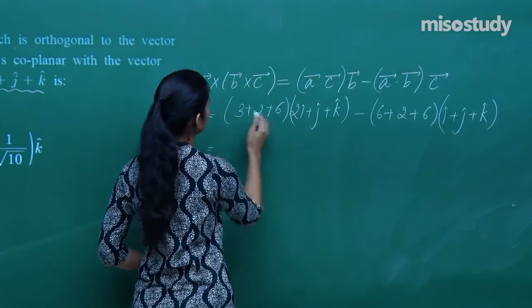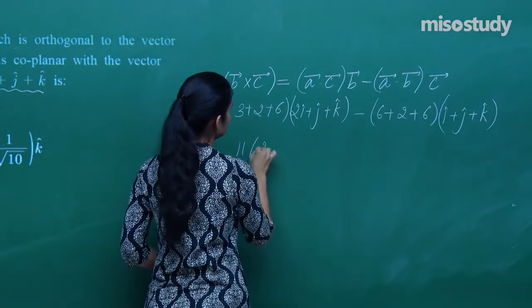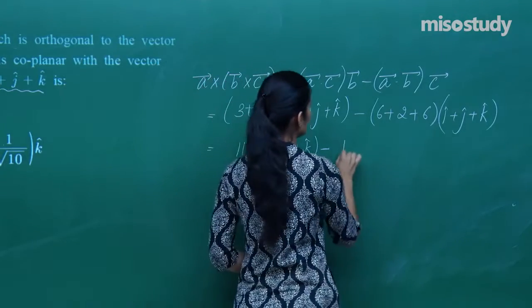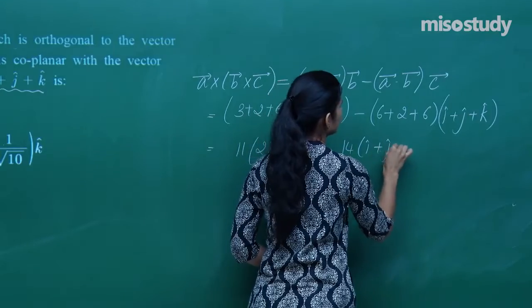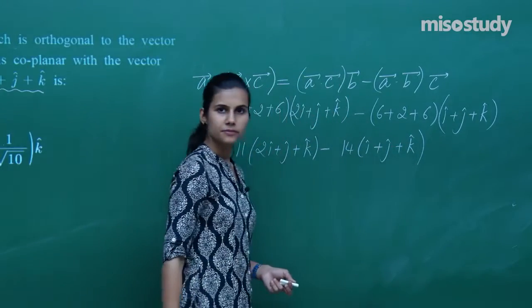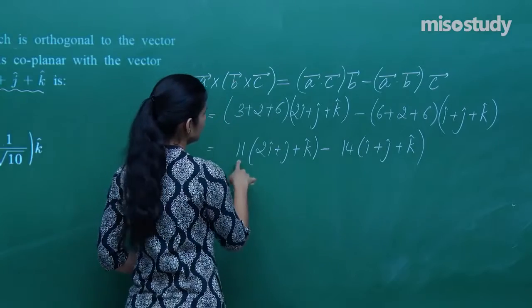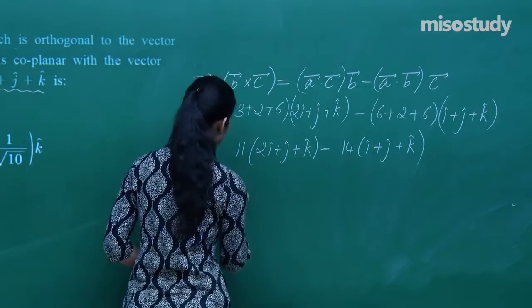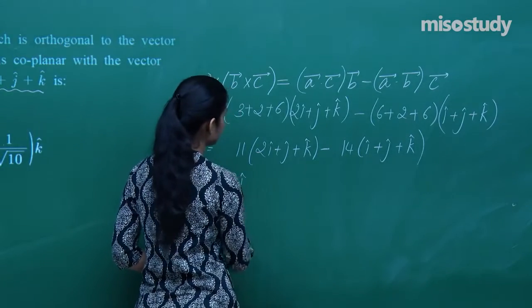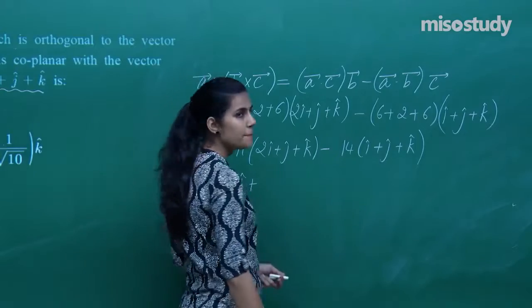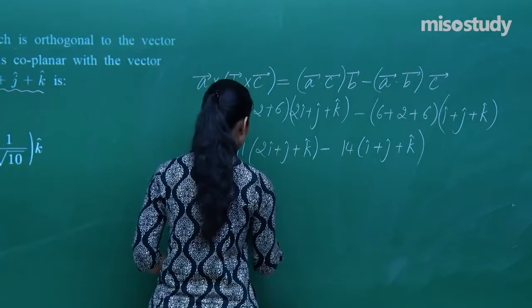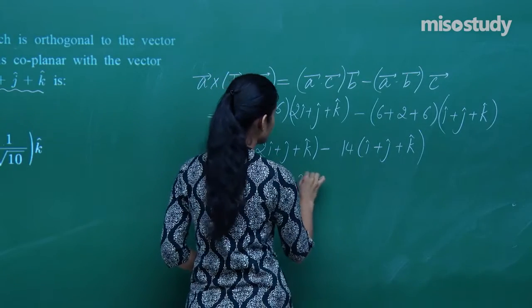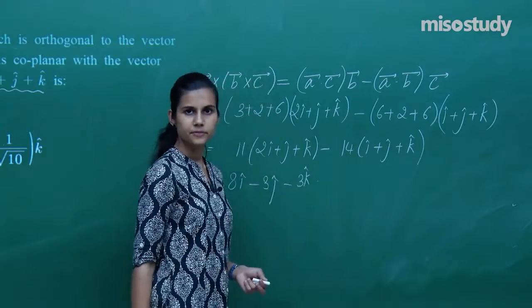You are getting 11(2i cap + j cap + k cap) minus 14(i cap + j cap + k cap). 11 into 2 is 22, right? 22 minus 14 gives you 8 i cap, plus 11 minus 14 gives you minus 3 j cap, plus again 11 minus 14 gives you minus 3 k cap, right?